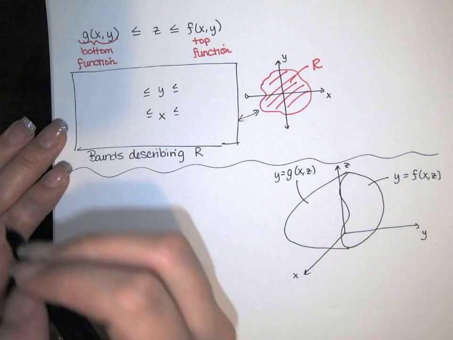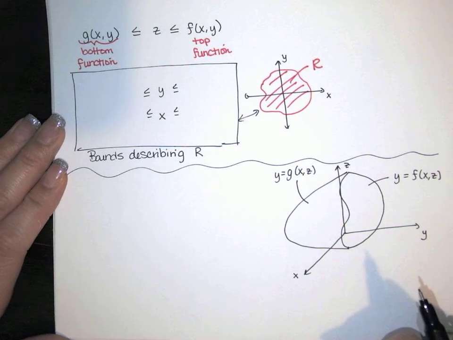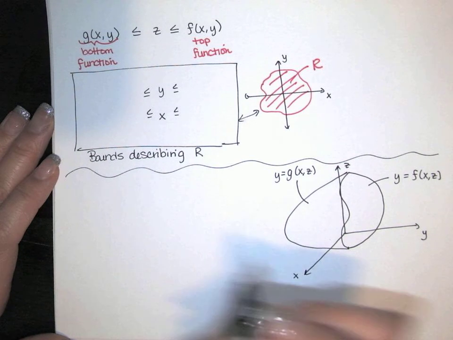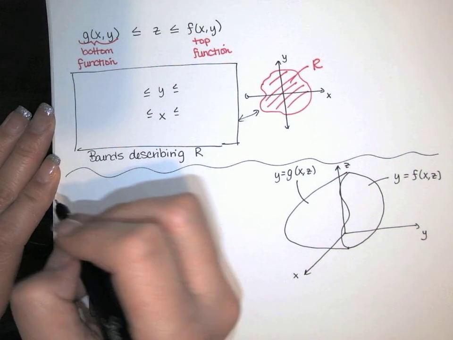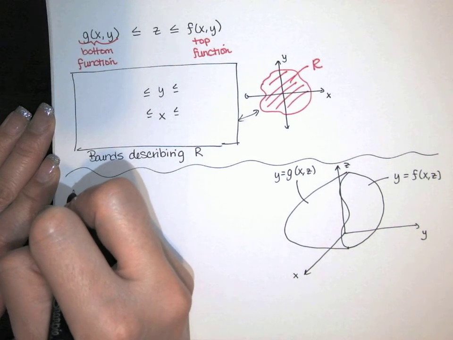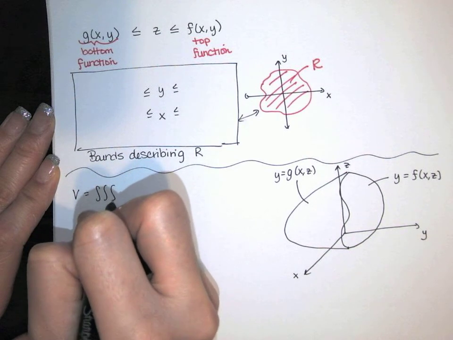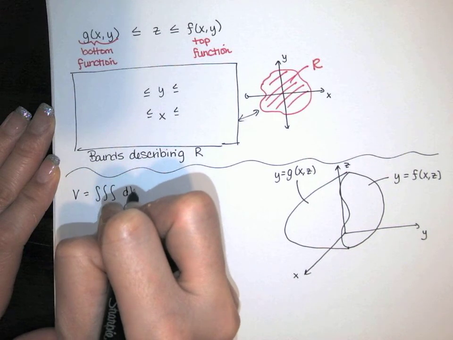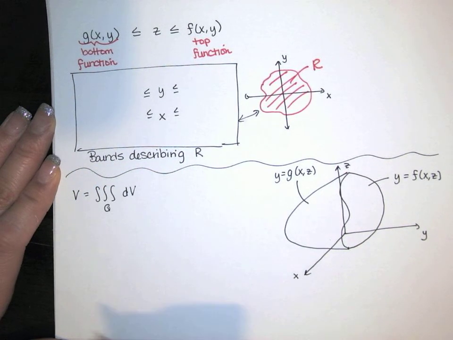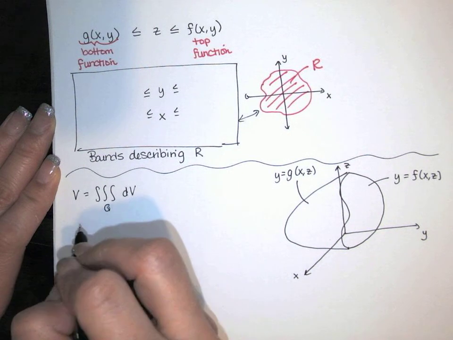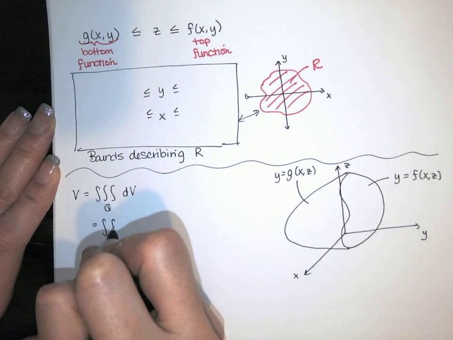In this case, if this was my solid region Q, the way I would want to handle this is I would want to say the volume of Q is the triple integral over Q of dV, that's dx dy dz, or you can change the order because multiplication is commutative, that's all fine.